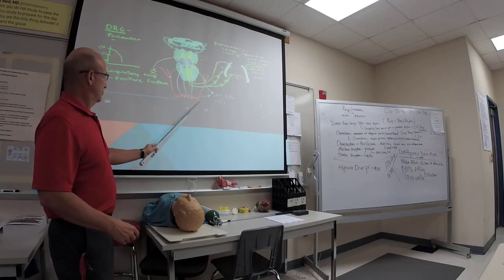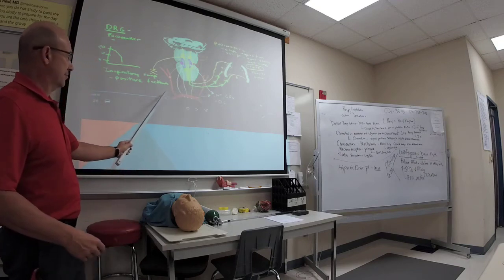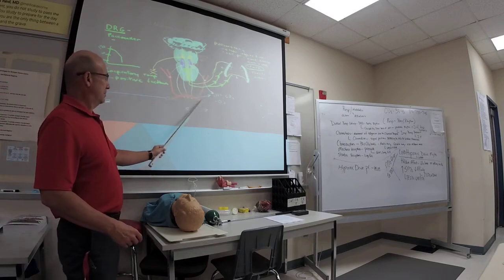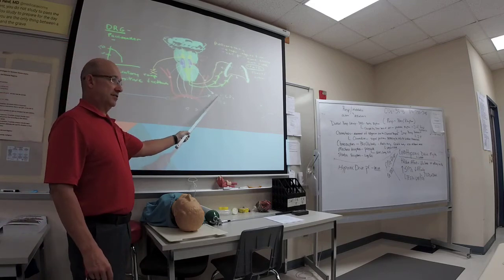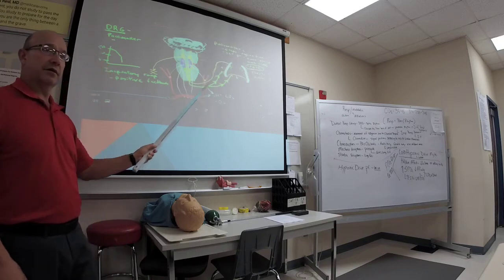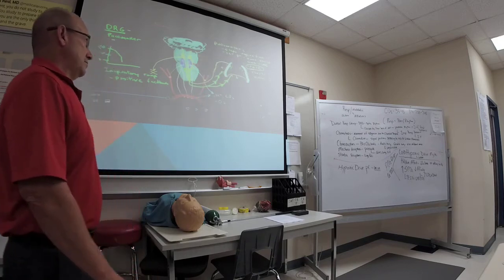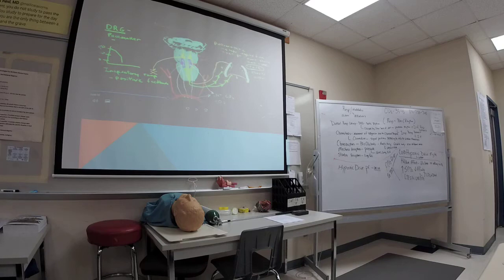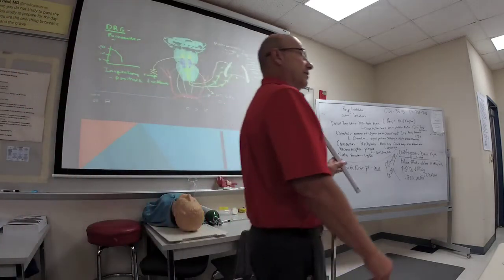But he's looking at hydrogen ion concentration or acidity, CO2, and oxygen levels. Okay, and what we've talked about is the respiratory centers on the brainstem. Where are they located?